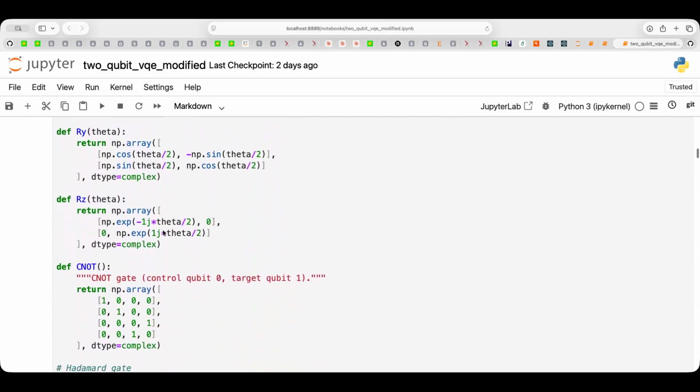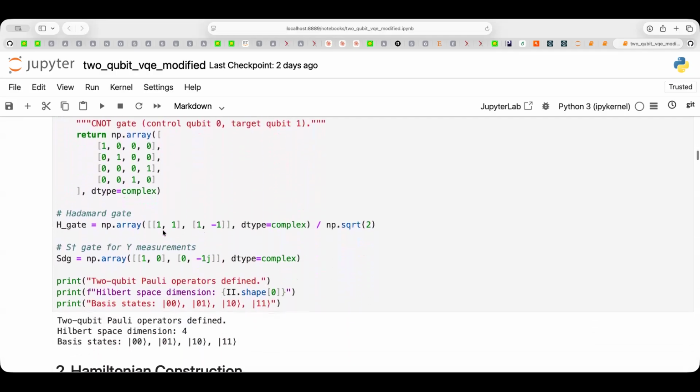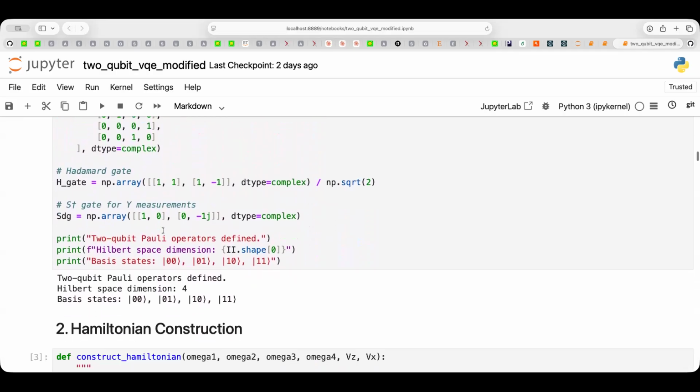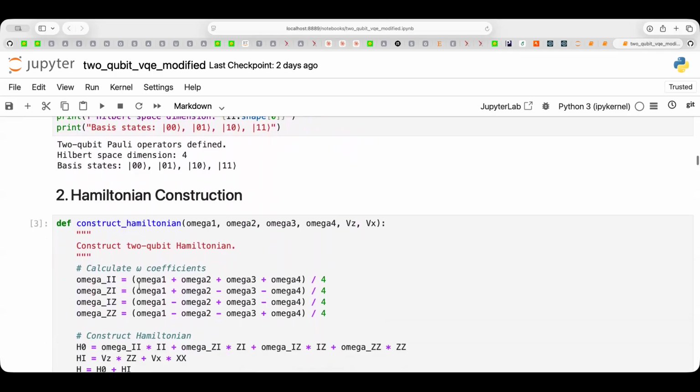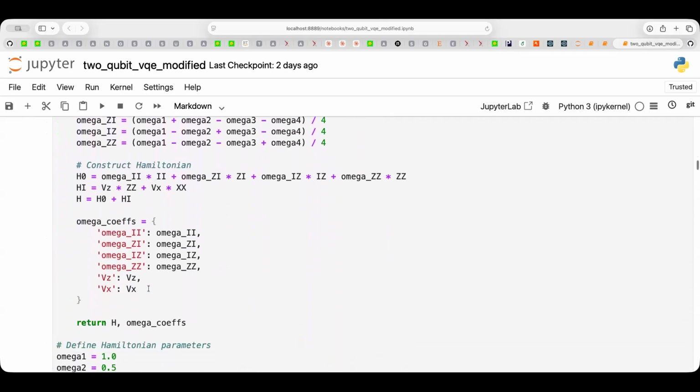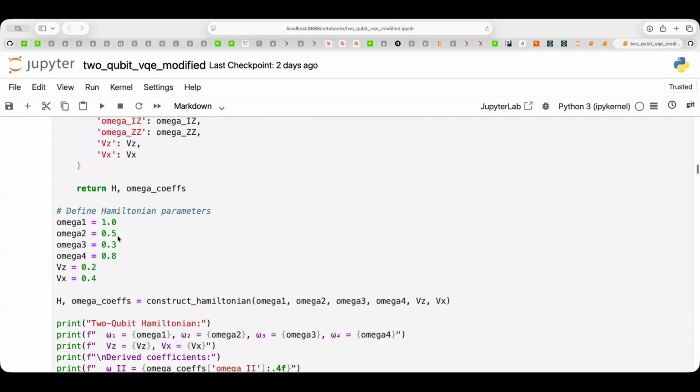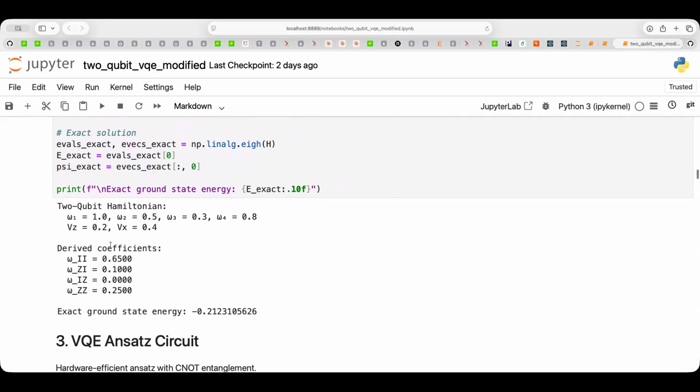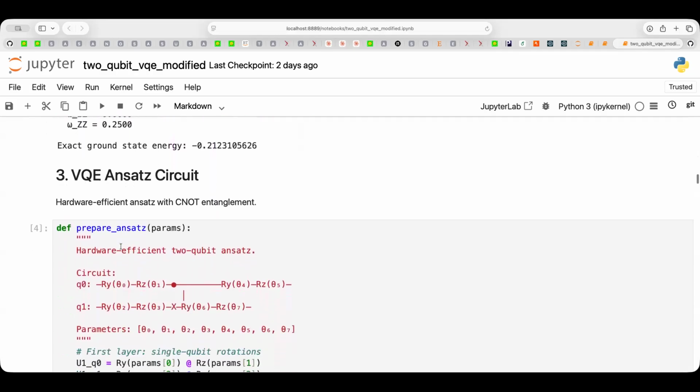We have the rotation matrices, we have the C0, and now we need to entangle when we're looking at a 2-qubit case. Then we have the Hamiltonian construction that you can see here, which is pretty straightforward, with parameters chosen randomly. And then we have the VQE ansatz.